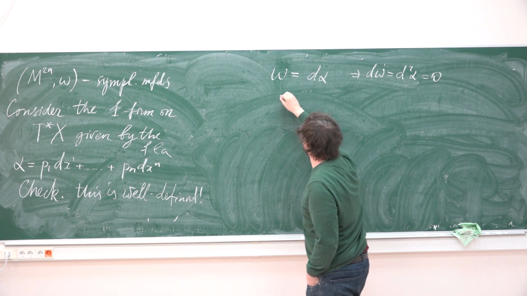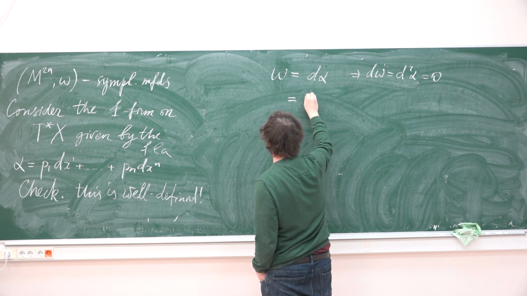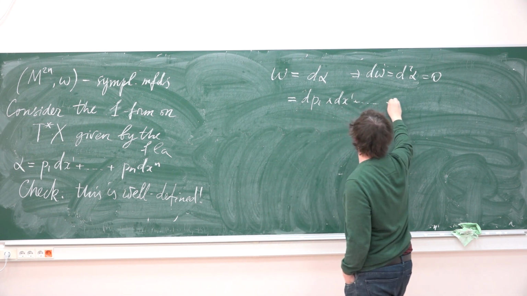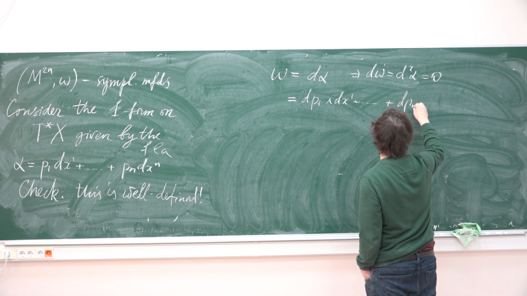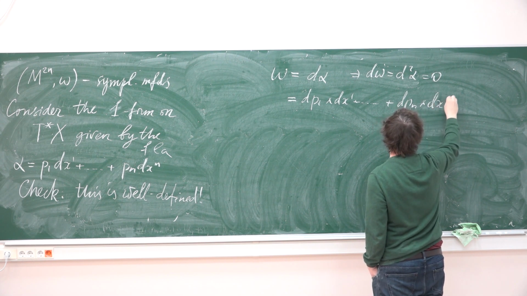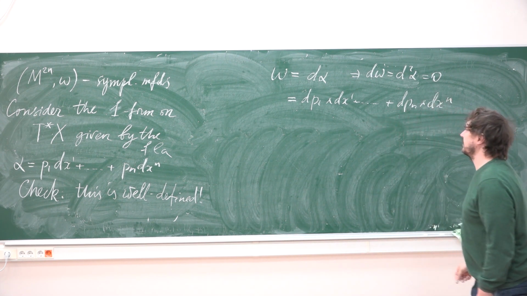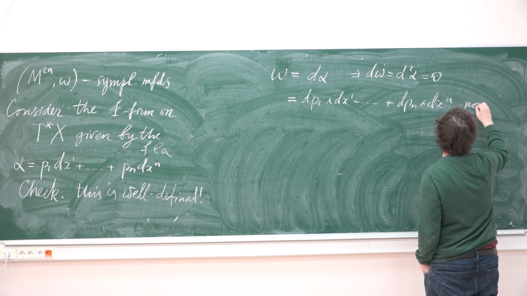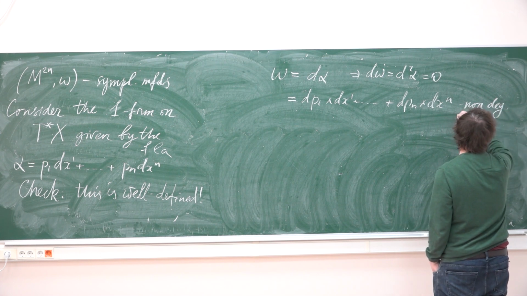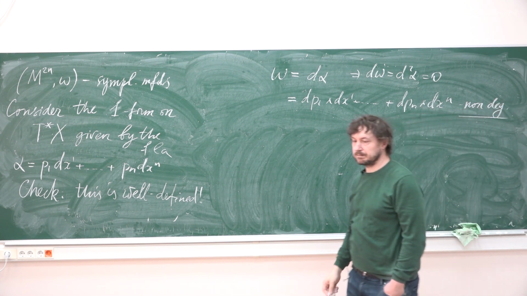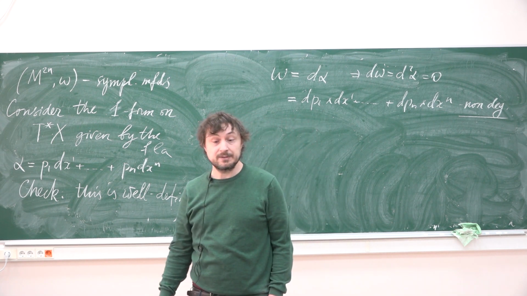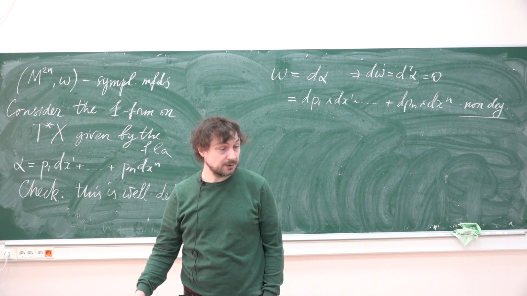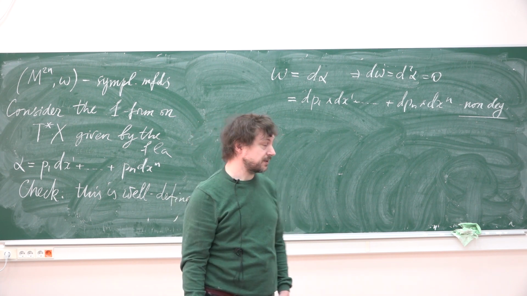And moreover, omega in local coordinates will be equal just to dp1 wedge dx1 plus and so on plus dpn wedge dxn. So it is non-degenerate. Yeah, it is exact, but nobody has forbidden it from being exact. It should be closed, but every exact form is closed. So that's not a problem.